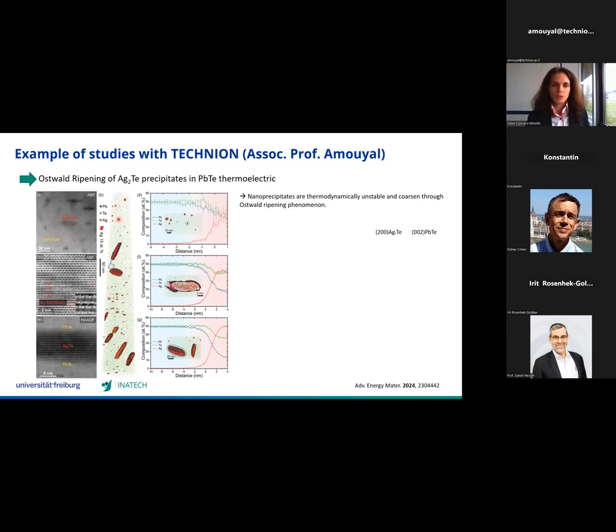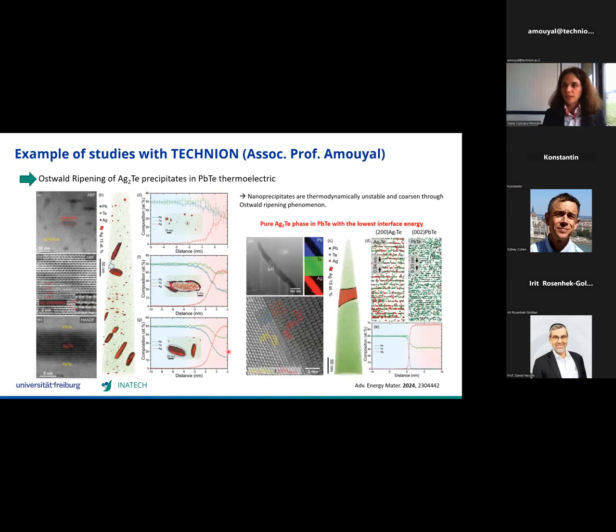So we see very small nanocrystals with a composition of no more than 30 atomic percent silver. Then we have these bigger, plate-like precipitates with a composition a bit higher than 40 atomic percent of silver. And then we have the bigger ones. You see here the scale bar has strongly increased, and also the silver concentration increases.